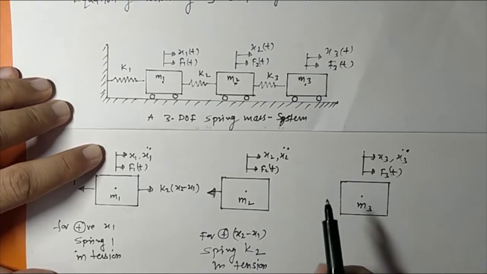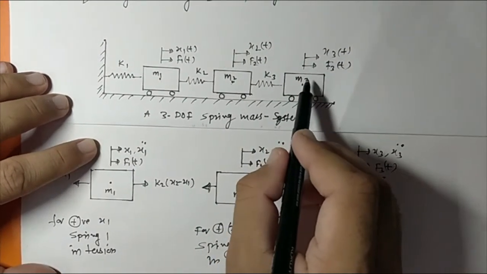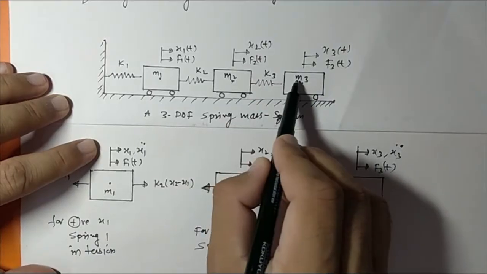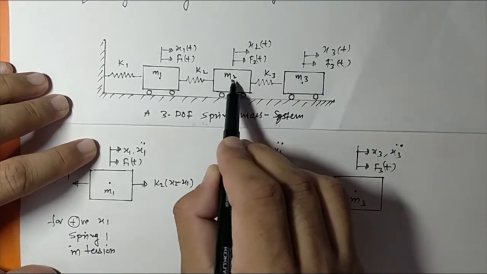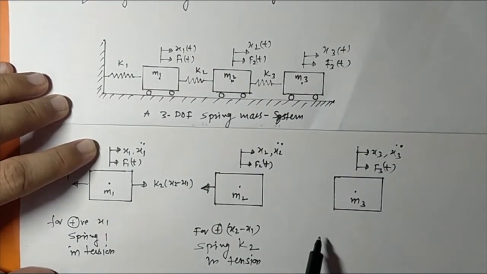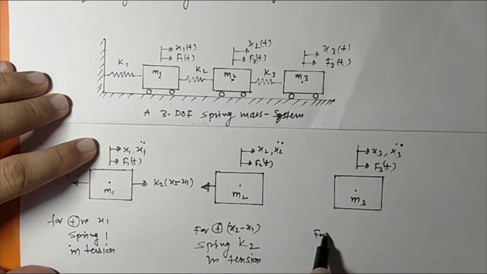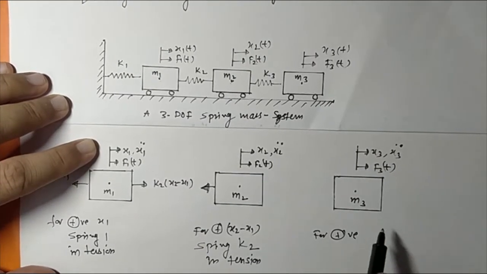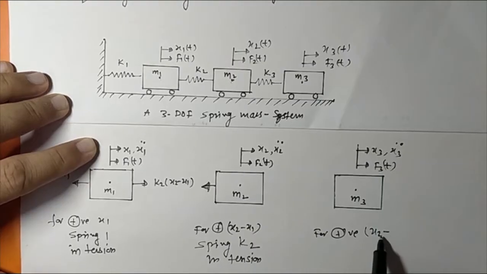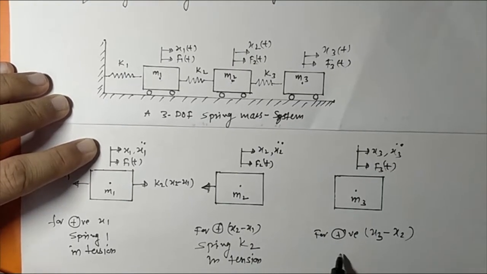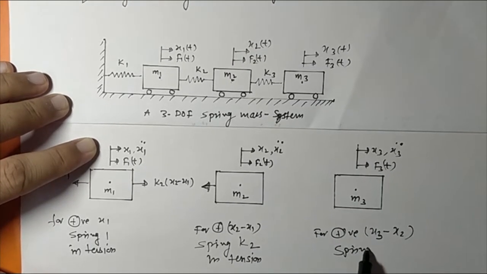Similarly, if we consider the relative movement x3 minus x2 between mass m3 and m2 as positive, then we can say for positive x3 minus x2, spring 3 is in tension.